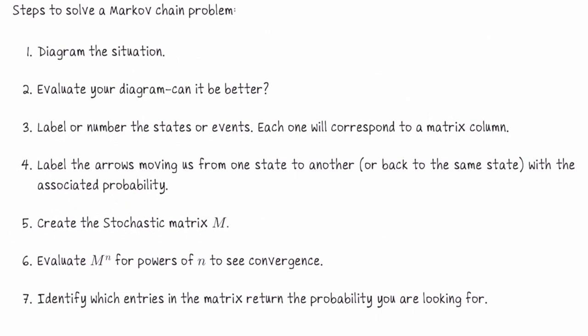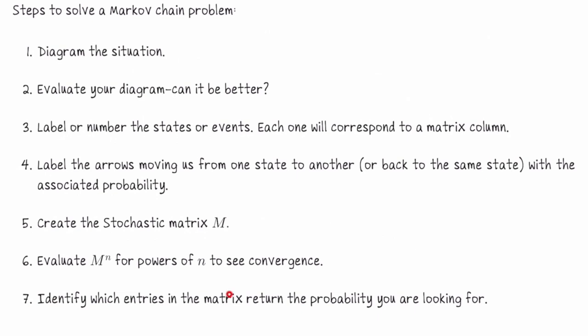Once I've got my labeled diagram with all the associated probabilities, I build up the matrix. Then typically I would go into some computational software like Matlab in order to take that matrix and quickly exponentiate it, because matrix exponentiation by hand is not very fun. You take your matrix and raise it to higher and higher powers to see if convergence is happening.